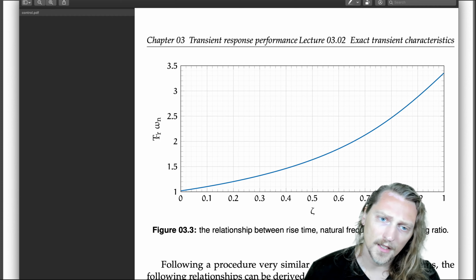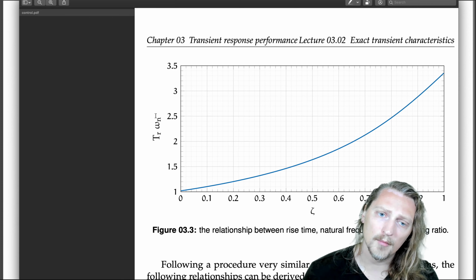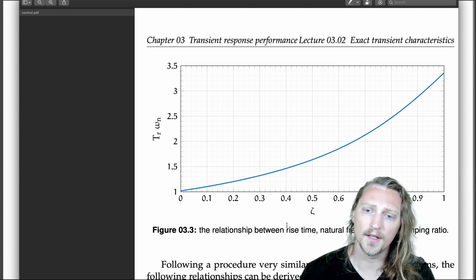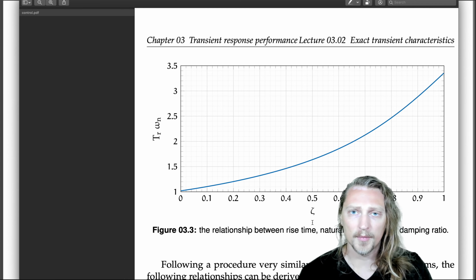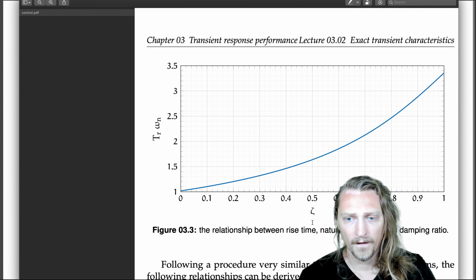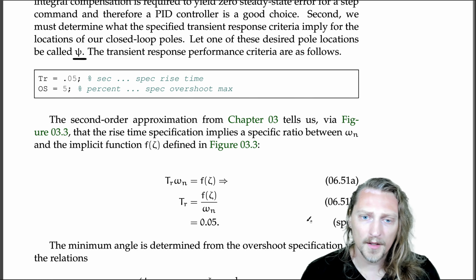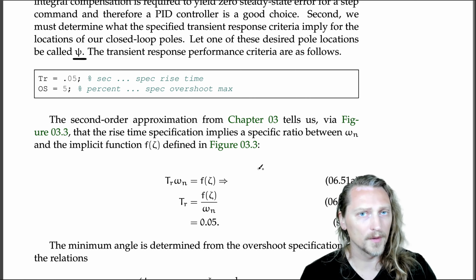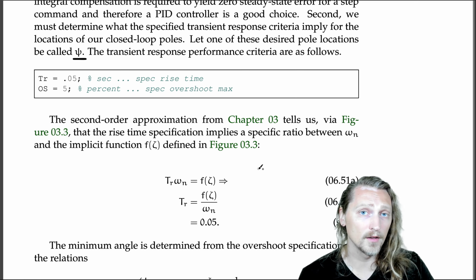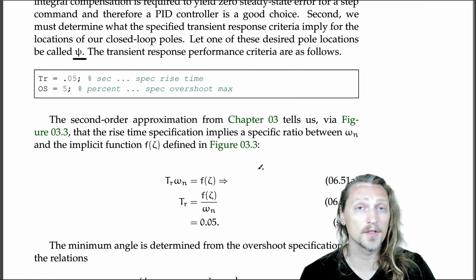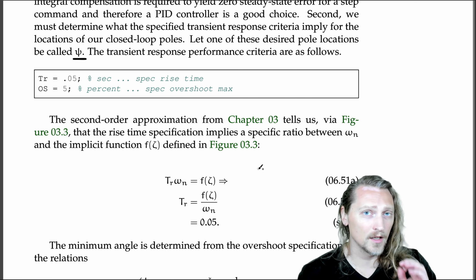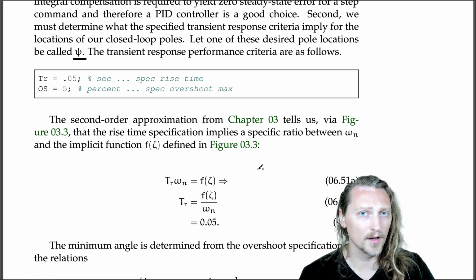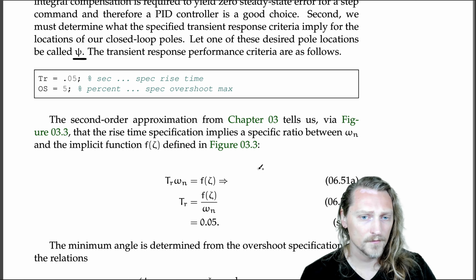And we have a relationship here between the rise time multiplied by the natural frequency and the damping ratio zeta. So we're going to use that relationship to help us specify where in the S-plane we would like our dominant closed loop poles to be in order to meet our transient response requirements.